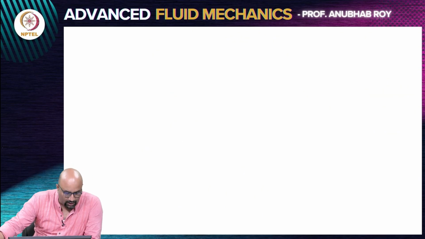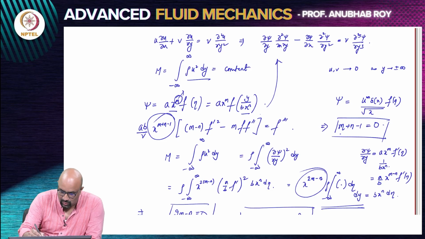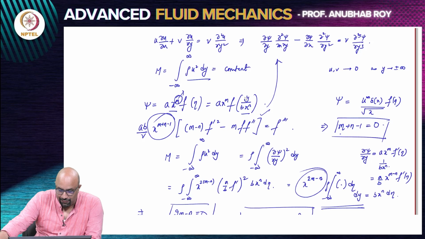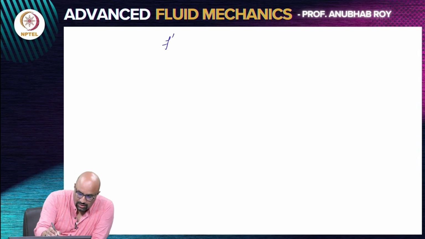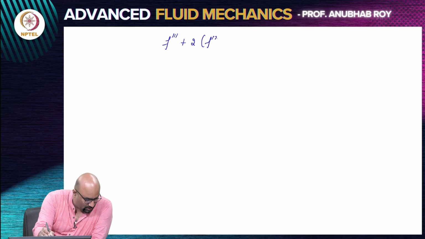So, the governing equation that we had, which was this, now if you plug in for m and n, you are going to get an equation which is f triple dash plus 2 f dash square plus f f double dash is equal to 0.